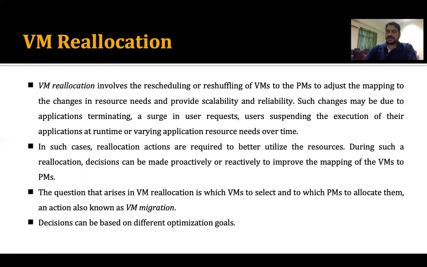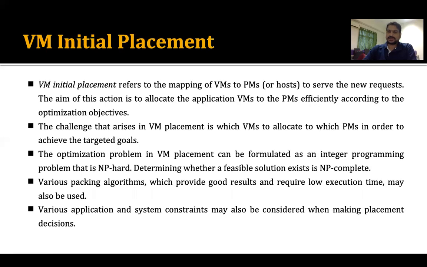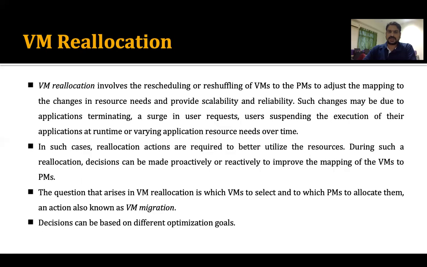Now we have seen that initial placement is for the new request. What about the reallocation? Virtual machine reallocation involves the rescheduling or reshuffling of virtual machines to the physical machines to adjust the mapping to changes in resource needs and provide scalability and reliability.